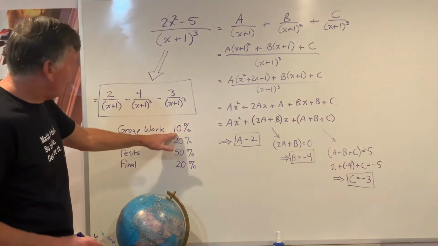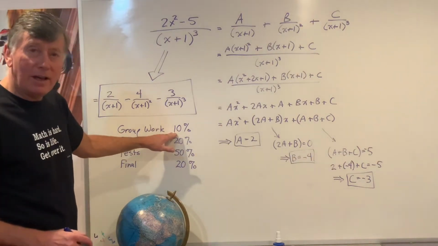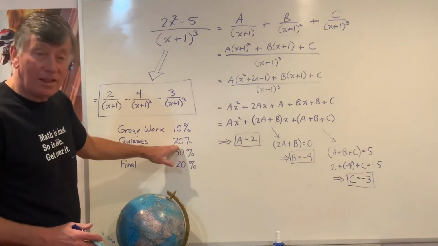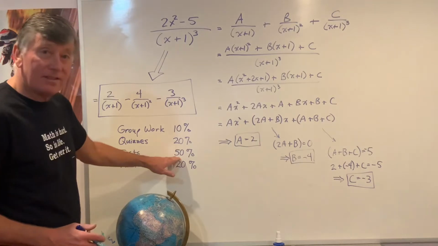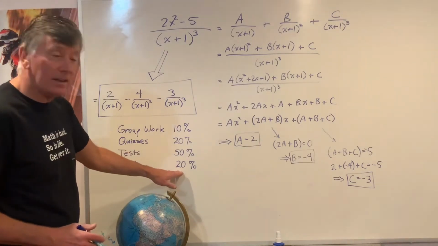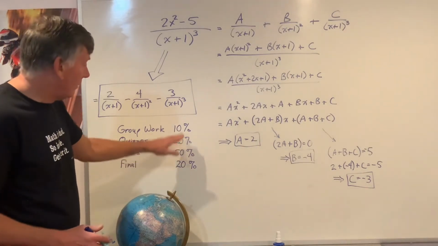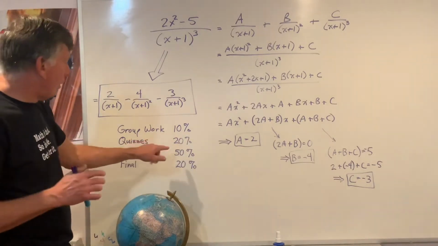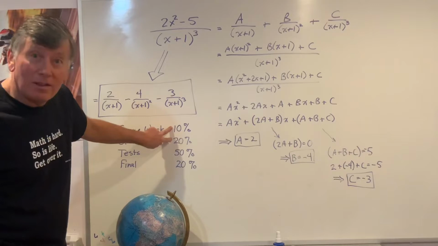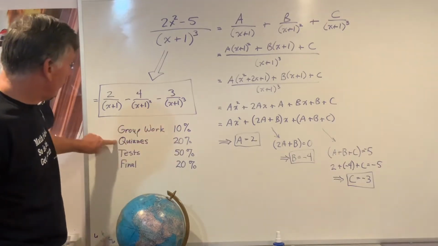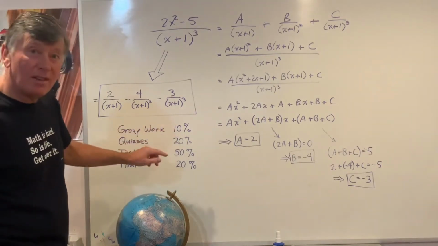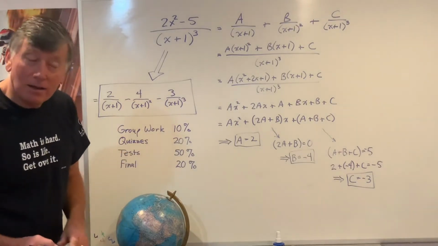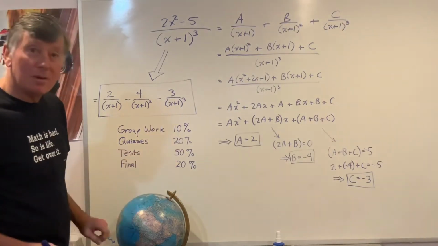I have things set up where you do group work together in class, then you have quizzes that are due, and then tests that are due, and the final, of course, as well. And this is how it sets up. And people tend to look at this and say, oh, I can skip these two, the group work and the quizzes, 10%, 20%, and if I do well on everything else, that'll land me a C. 50 and 20 would be 70%.